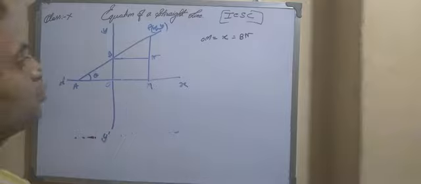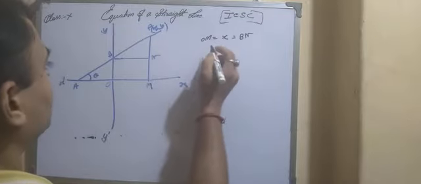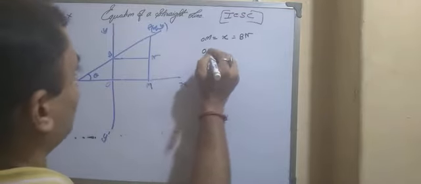Now notice carefully, here we may write OM equal to x, and that means BN is also x, because OM and BN are equal. Again OB is equal to MN.